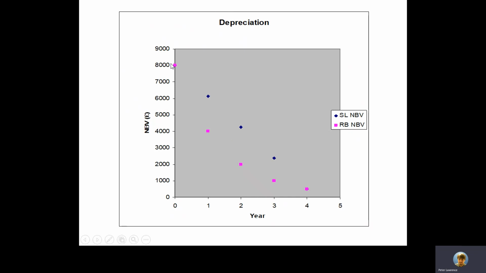That's why it's called a straight line. Whereas the reducing balance method is more curved. It obviously still goes down, but most of the value is lost in the first year, a bit less in the second year, less still in the third year, less still in the fourth year. That creates a curve on our graph, so we call that one the reducing balance.